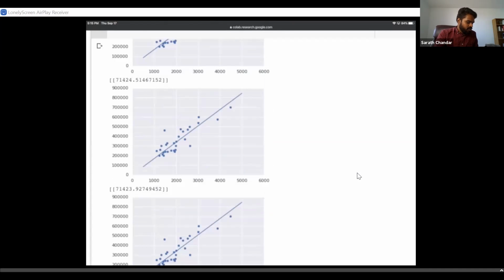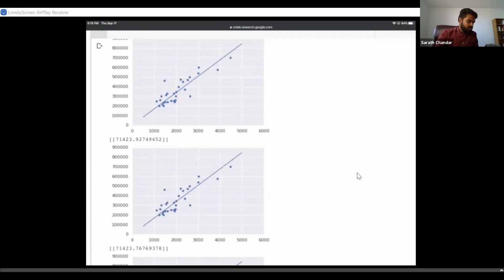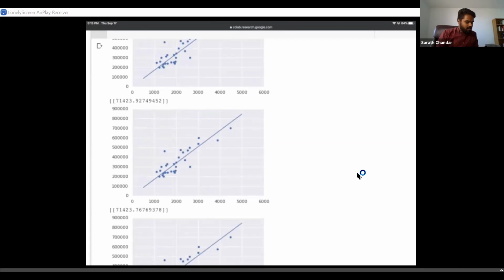So I think now it has converged. You could still go a few more iterations, but you can see that it has almost converged to 71,423 RMSE, right? So now the line looks as close as possible to the line that you would have got by the analytical solution.